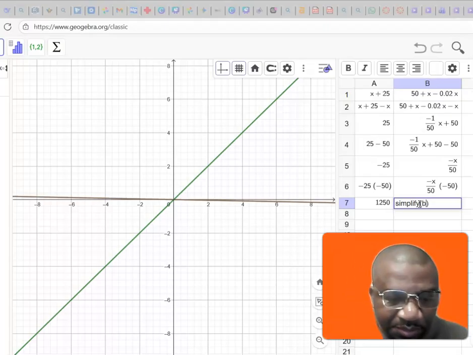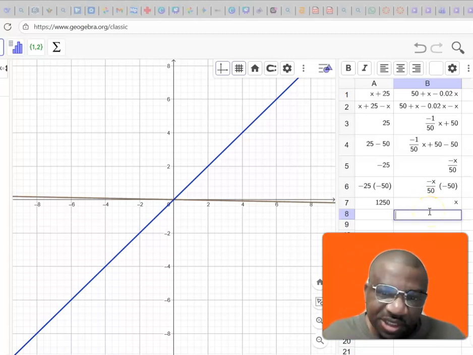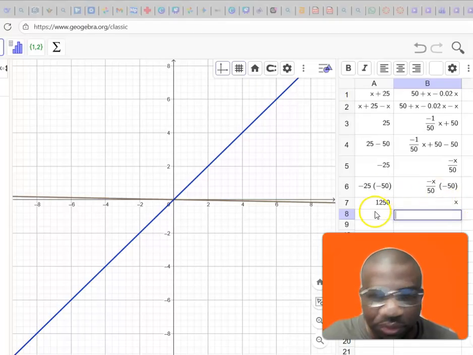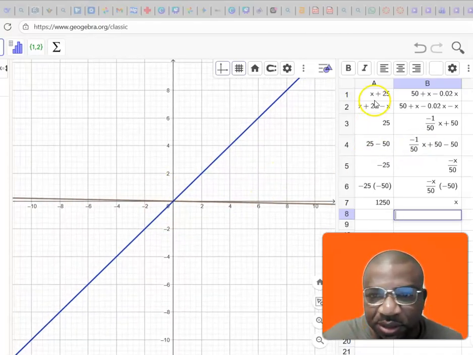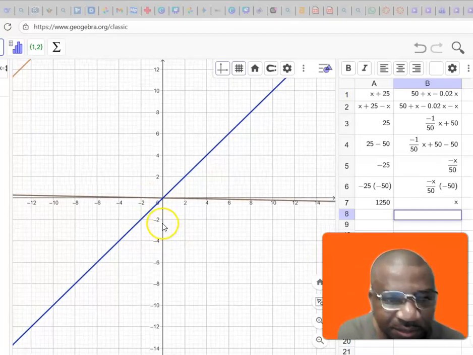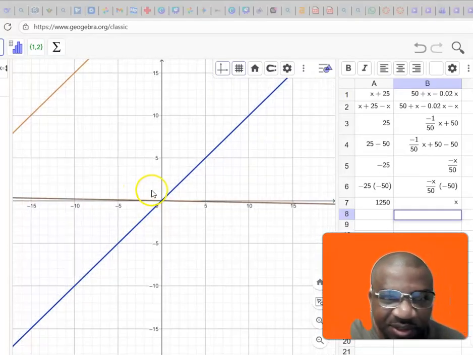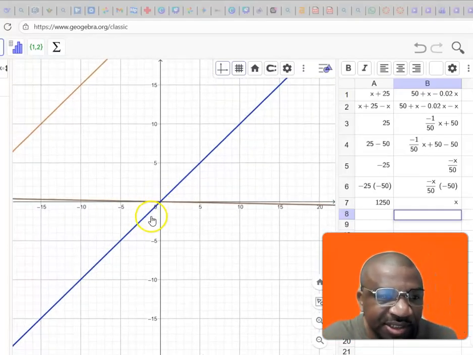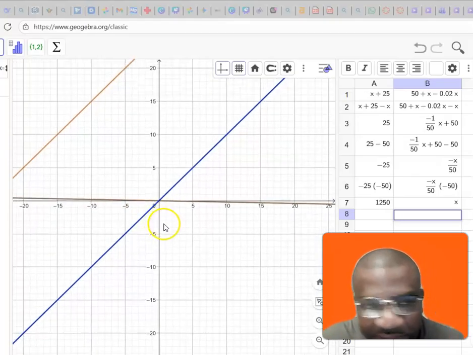Close bracket B6. So we have succeeded in solving this problem, and it shows that x is equals to 1,250. So let's gradually reduce the size of this so that we can be able to see the lines and how they intersect each other.